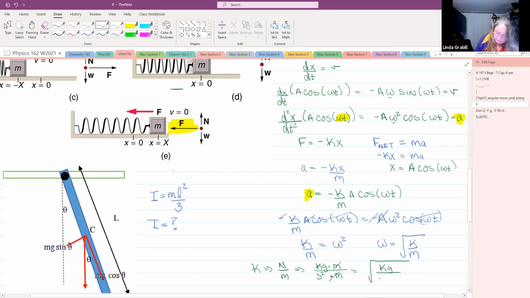So kilograms over seconds squared survives from the k, and then I have over m, which is mass. So that cancels, and I do indeed get the square root of 1 over s squared, which gives me 1 over s, radians per second. So I have the correct units, which is neat.